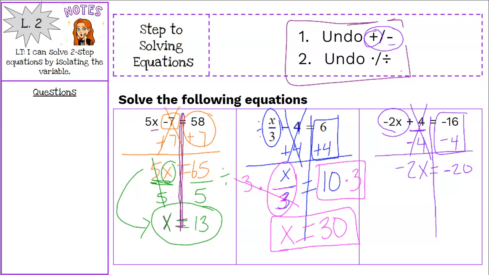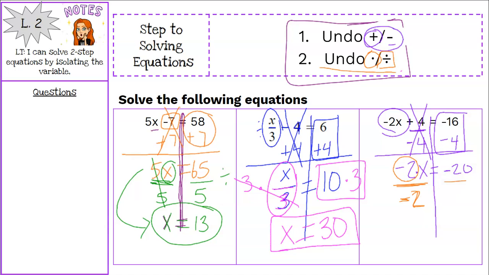So now we have negative 2x, remember that means negative 2 times x, equals negative 20. So we're on step 2, undo multiplication and division. We have multiplication, which means we need to divide. I'm multiplying by negative 2, which means I need to divide by negative 2. I don't change the sign on this one.